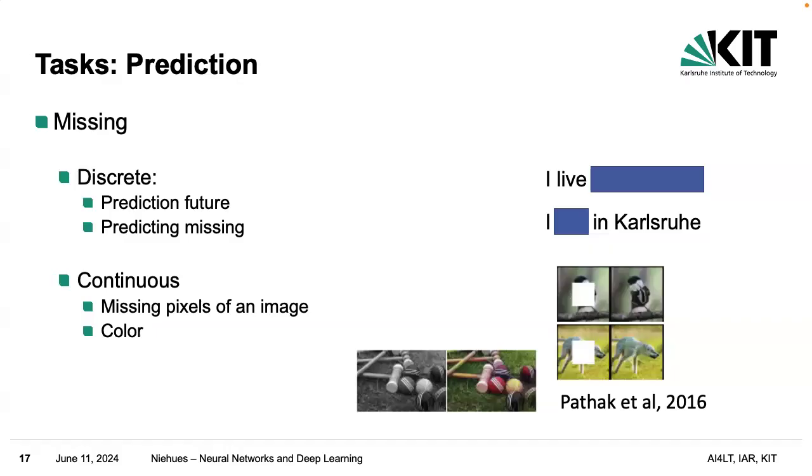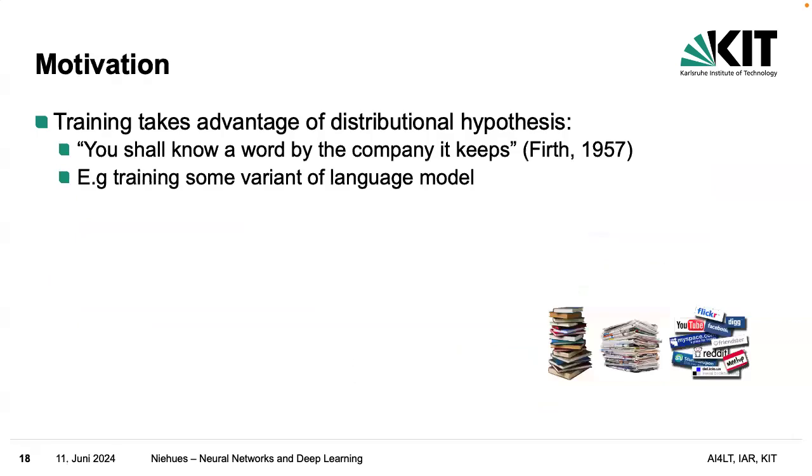The nice thing about the language model is that it also has some long-standing history in the domain of natural language processing. There is this distributional hypothesis, which was said like 70 years ago already, which says you should know a word by the company it keeps.